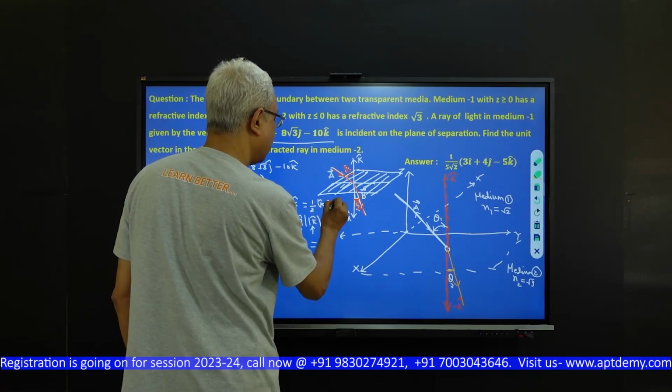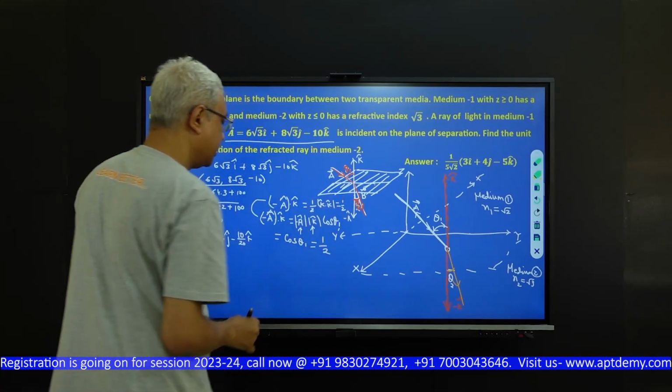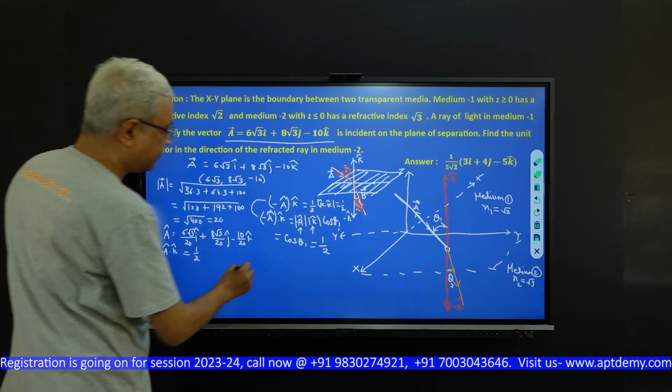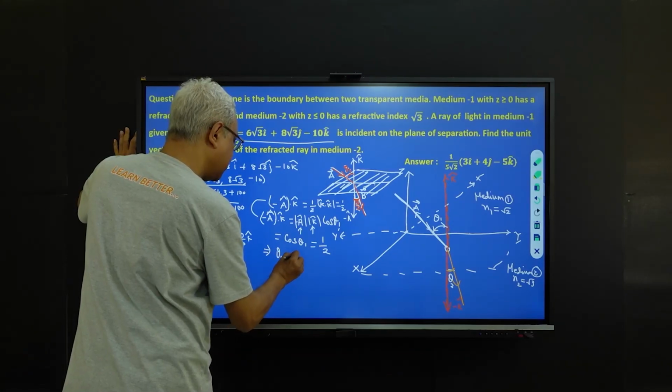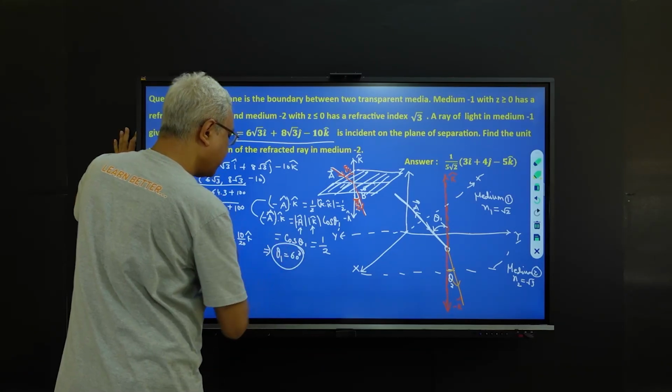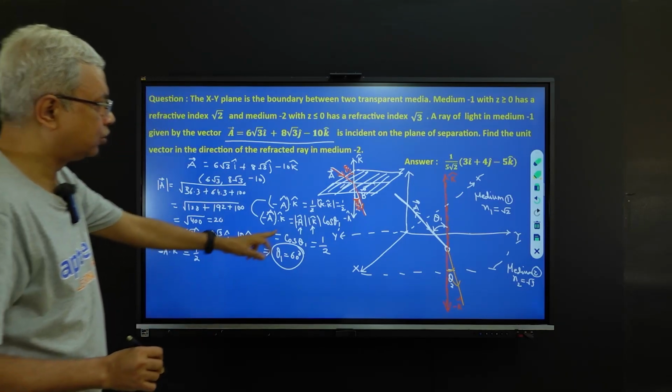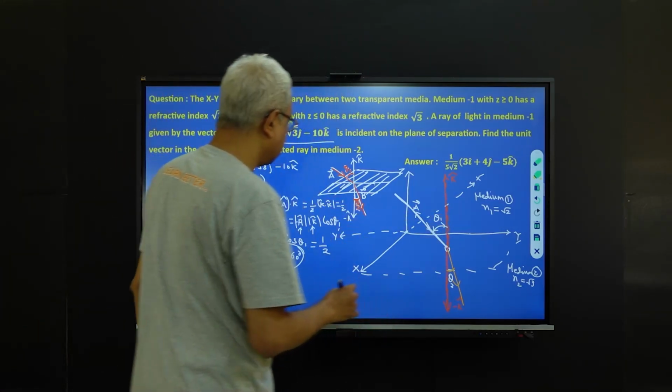You can say it is half. So cos theta 1 equal to half implies theta 1 is 60 degree. Okay, so theta 1, this angle, is 60 degree.